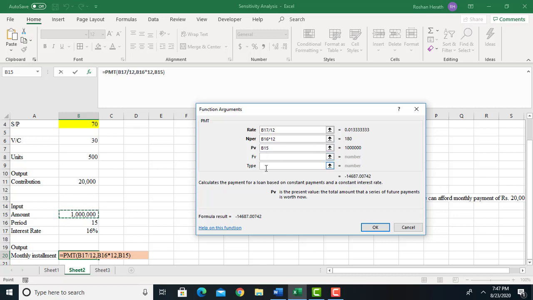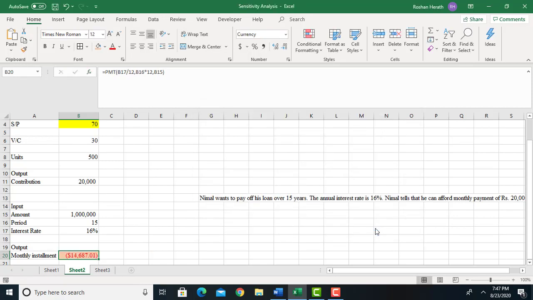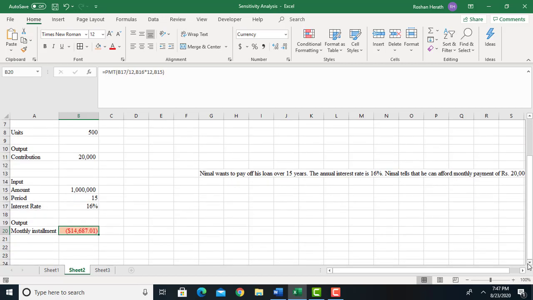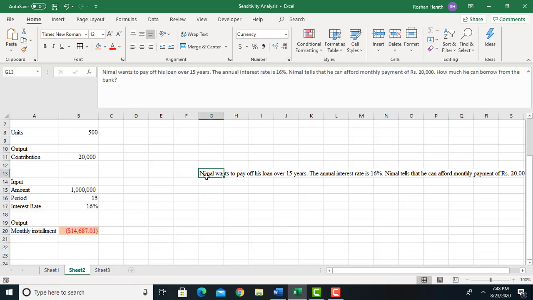No future value, and the loan is paid not in advance but in arrears, so you would be paying at the end of the period. Hence we can ignore that, say okay. So if you obtain 1 million under these terms, your monthly installment is 14,687. But Nimal has indicated that he can go up to 20,000.